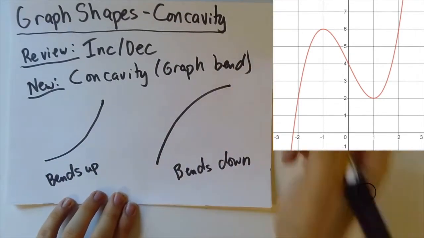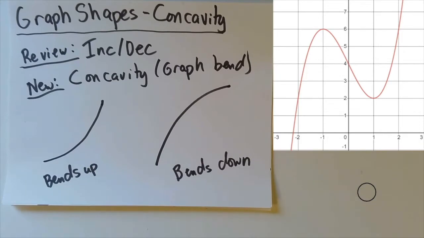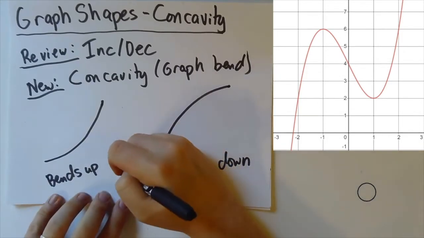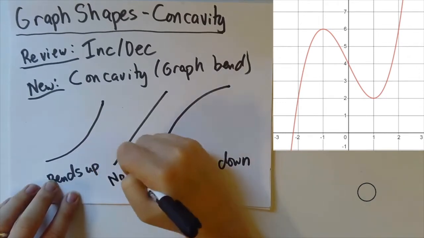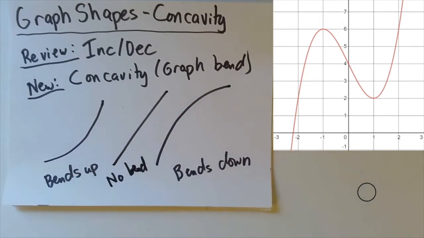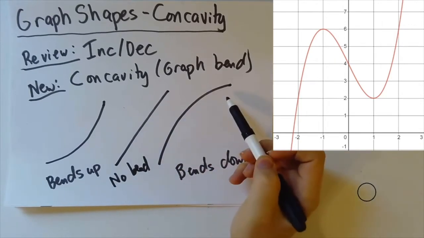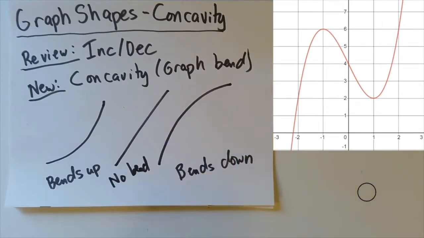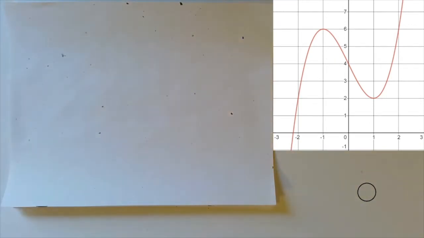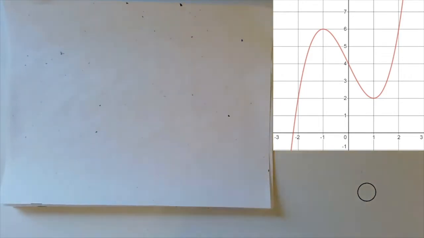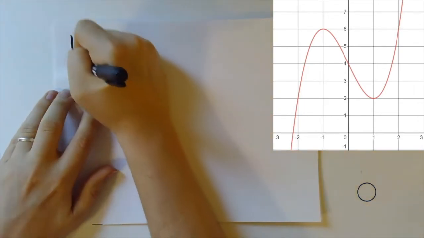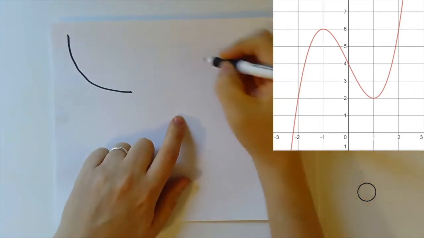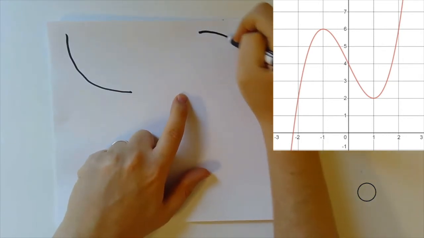It's worth noting that both bending up and bending down are by comparison to a line, and a line, by definition, has no bend. Okay, so if you started with this line, you could bend it down to get this, you could bend it up to get that. Likewise, if you wanted decreasing functions, you could have that, and you could have this.